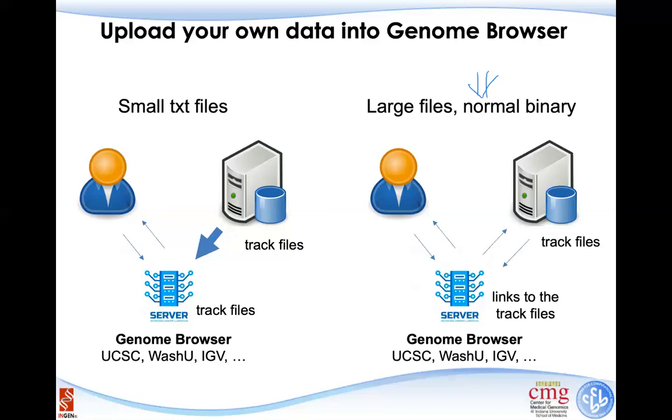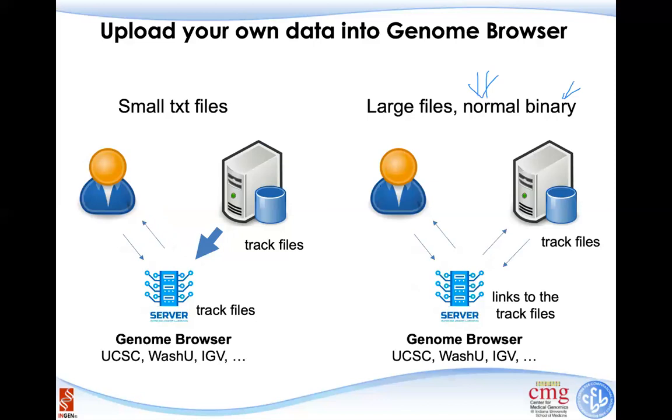When you have a large file, normally these files are binary files. We'll get into that a little bit, but just keep the concept: this is a binary file. Most of them are not text readable, so they can be indexed, and then it is easier for the server to search to genomic locations.